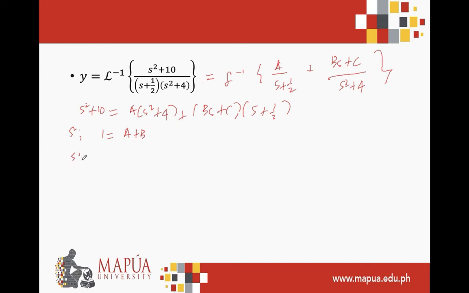For the linear term, there is no linear term here, so the coefficient is 0: this gives you 1/2 b from bs, plus c from cs. And for the constant, this is 10: you have 4 times a, and c times 1/2, so 1/2 c. So you have three linear equations, and we solve for the constants.